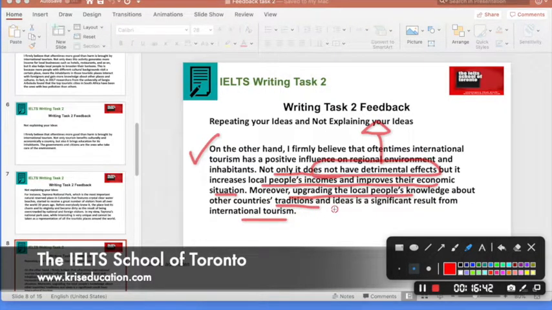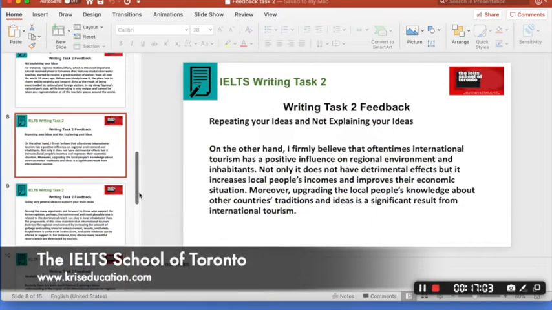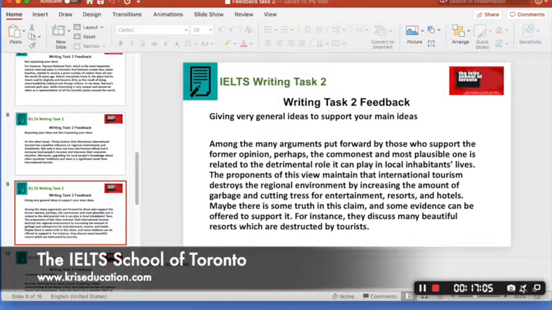Just mentioning without showing why and how. So again, don't do that. You need to mention one idea, and you need to show the reader why that is the case and how that happens. Okay, let us carry on then.